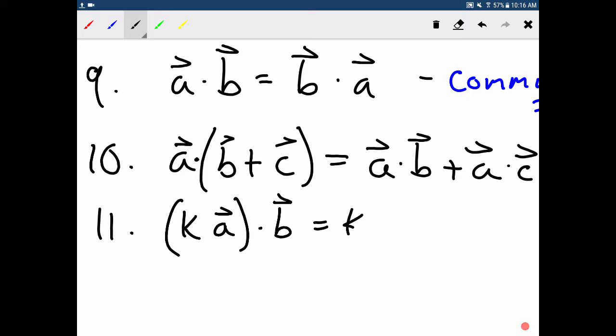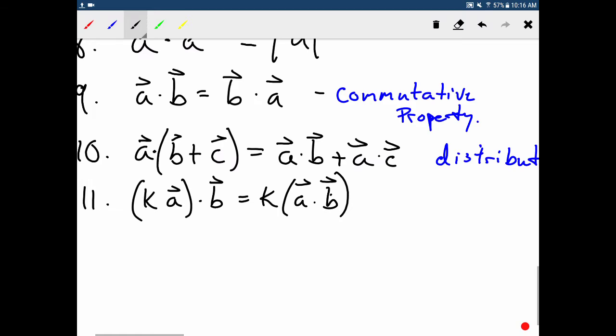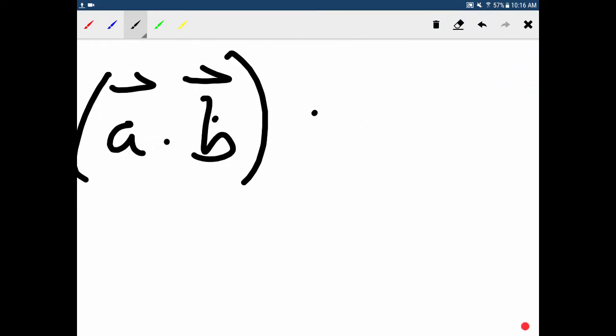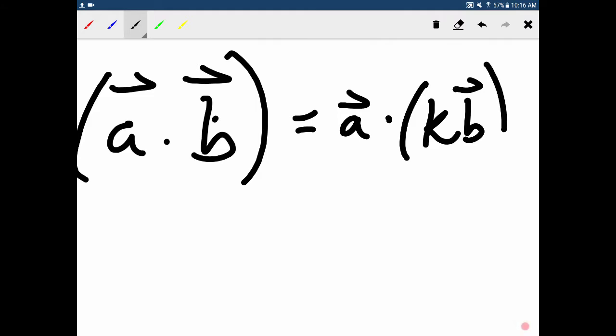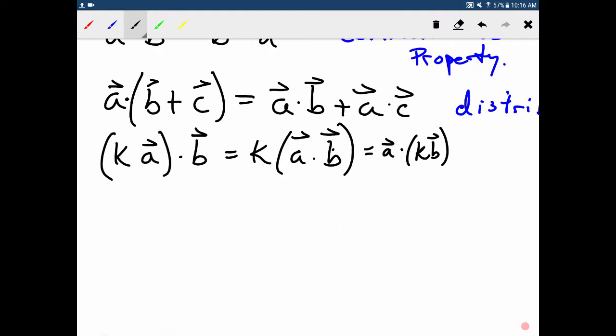That would be the same as k, a constant or a scalar, times a dot b. So I can take the dot product first and then multiply by that scalar, and it will give me the same answer. It will also be true that a dot k times b. So you can multiply that scalar in whenever you want, and it won't make a difference.